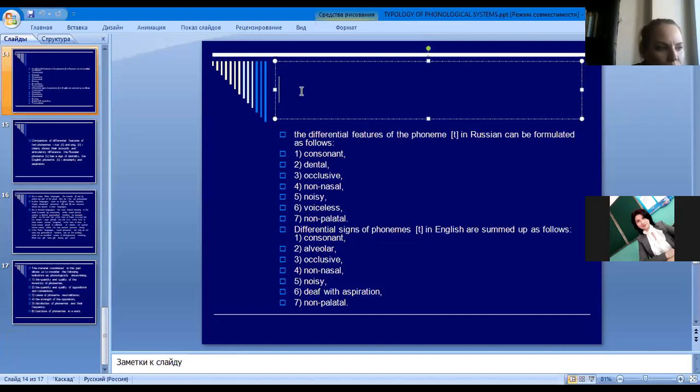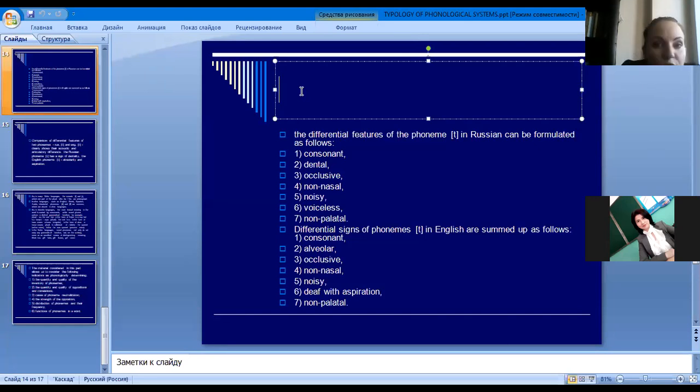As the author notes, the compatibility or incompatibility of these features in the same language or in separate phonemes is largely determined by the laws of implication or prediction, which are universal in nature and allow for the stratification of phonological systems and reduce their diversity to a limited set of structural types.